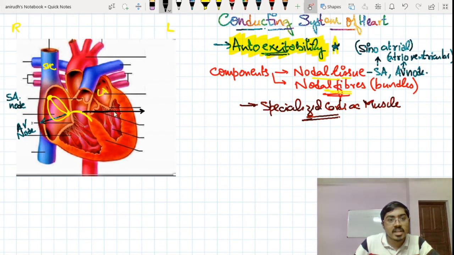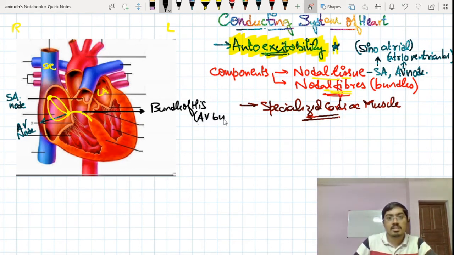This kind of fiber is called the bundle of His. It is written in the textbook as AV bundle, atrioventricular bundle. The correct form is bundle of His.